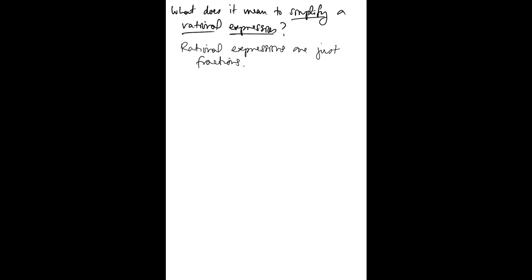So we simplify them the same way we simplify a fraction. We basically look for common factors that are in the top and the bottom of the fraction, and we try to cancel out any common factors.